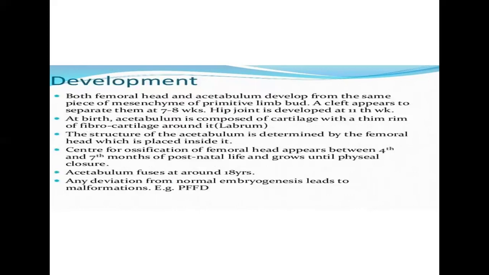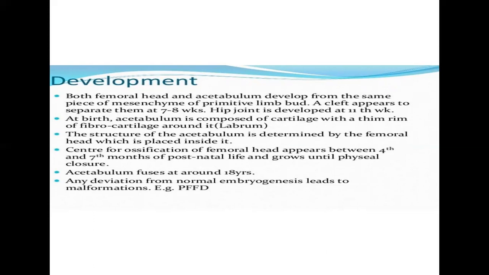Development. Both the femoral head and acetabulum develop from the same piece of mesenchyme of the primitive limb, but a cleft appears to separate them at 7 to 8 weeks. The hip joint is developed at the 11th week. At birth, the acetabulum is composed of cartilage with a thin rim of fibrocartilage around it.